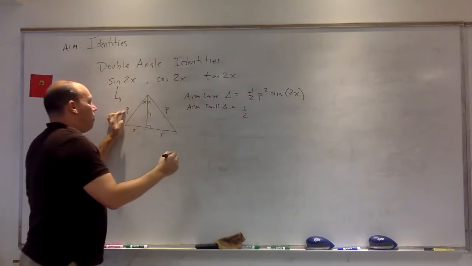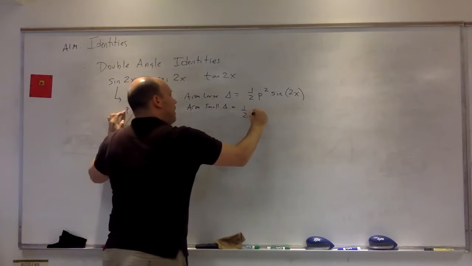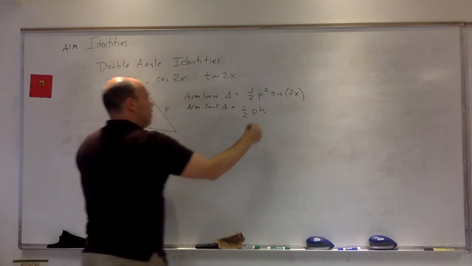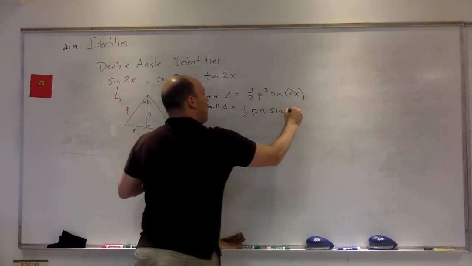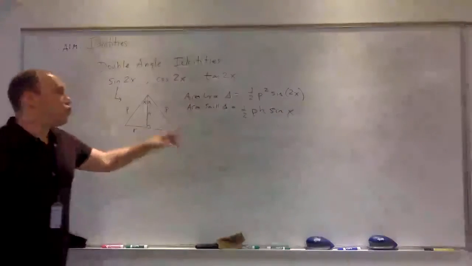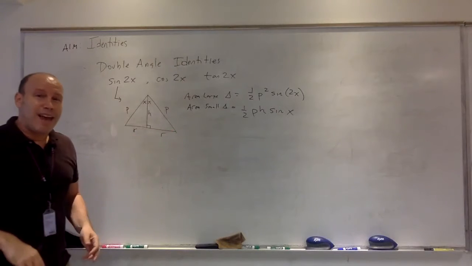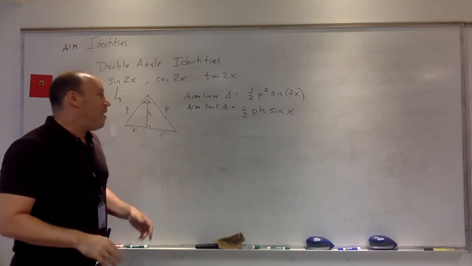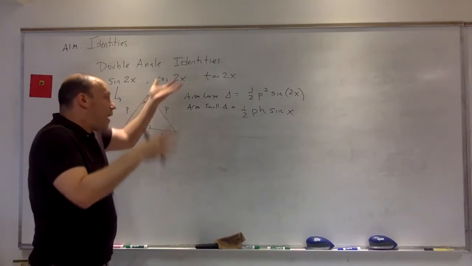Now, I'm going to solve for sine of 2x. How do I get rid of the half? Multiply by 2. How do I get rid of p squared? Divide by p squared.